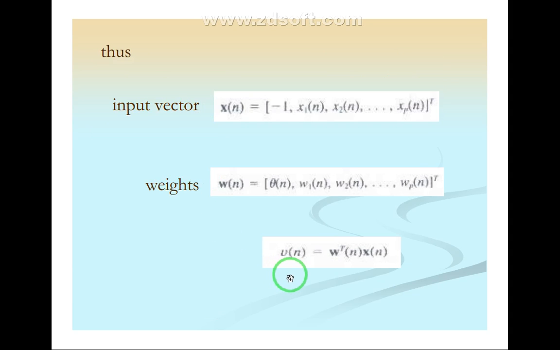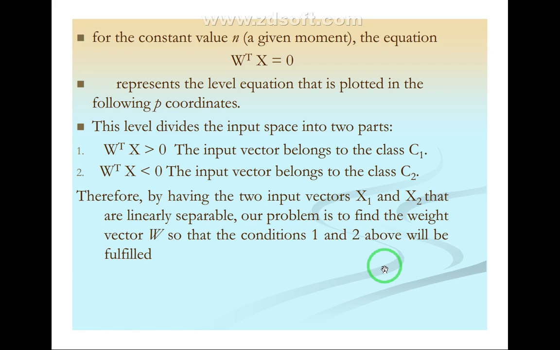And of course, we need to calculate Vn, which is the multiplication of Wn times xn. For a constant value of n, let's say at a given moment n, the equation w times x equals 0 represents the level equation, the separating equation, the decision equation that is plotted in the p coordinates.